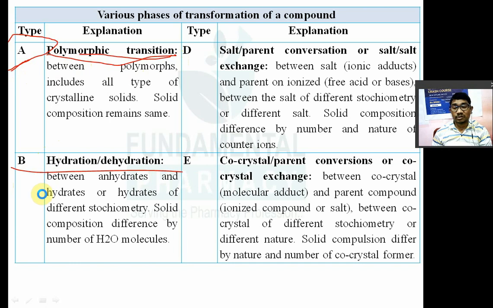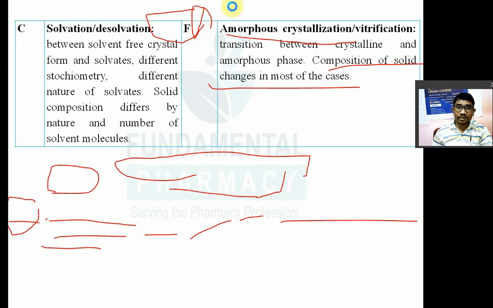Phase C transformation मतलब क्या है ना, solvation desolvation, that is phase C. Phase D क्या है, salt parent conversion और salt salt action. Phase E क्या होता है, co-crystal parent conversion और co-crystal action. और phase F क्या होता है, phase F is nothing but the amorphous crystalline transition और vitrification.